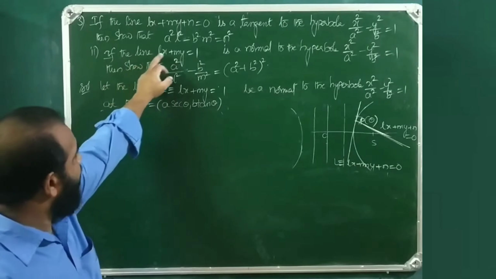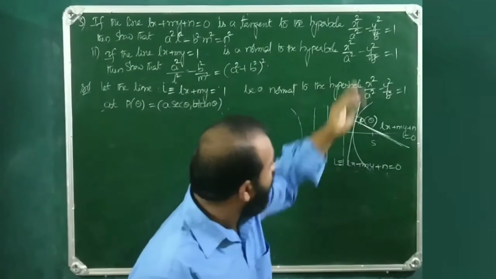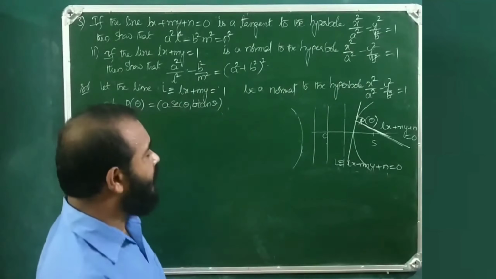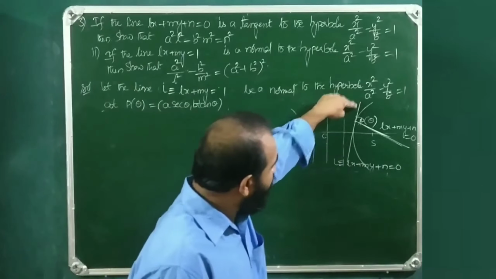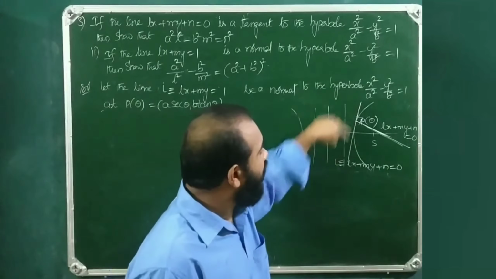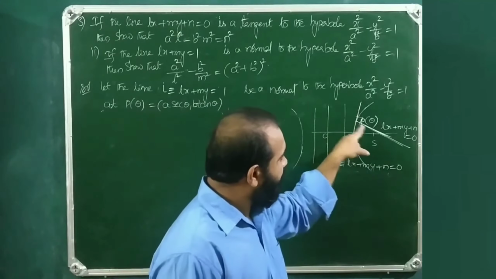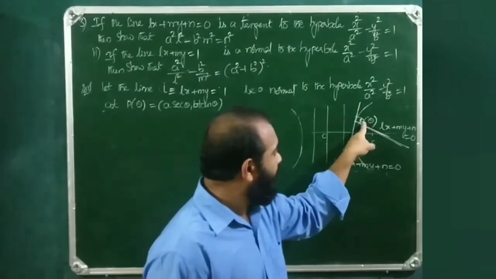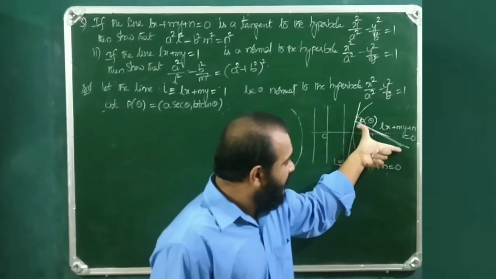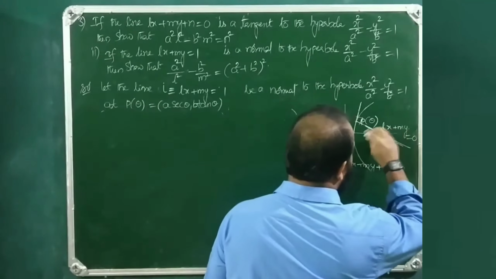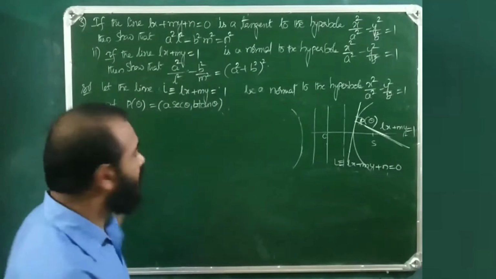Now, if the line Lx plus My equals 1 is a normal to the hyperbola x square by a square minus y square by b square equals 1. Let us suppose that this is the tangent, and the line perpendicular to this tangent at the parametric point P theta is the normal, which is Lx plus My equals 1 according to the question.